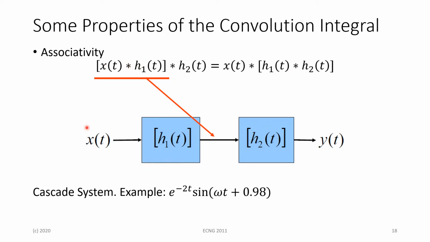And convolutions in sequential order result in what we refer to as a cascaded system, because we do x of t, convolve with h1 of t, get our result, and then convolve with h2 of t. So it's a cascade system for the associativity property.